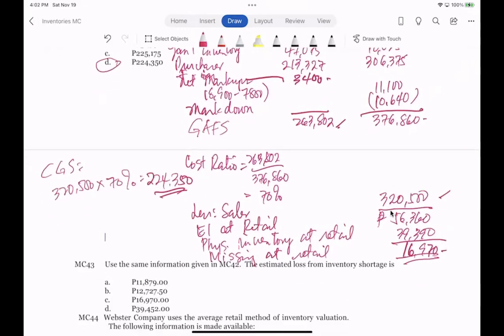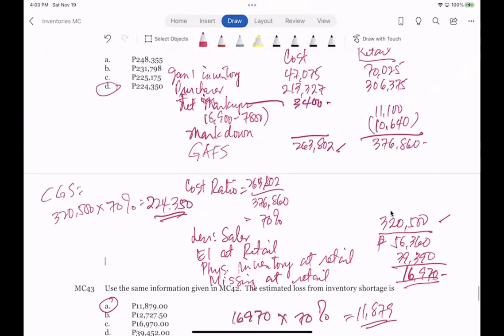Whereas the missing inventory at retail is 16,970 times 70%. So that's 11,879. Okay.